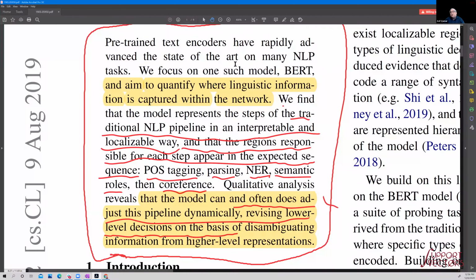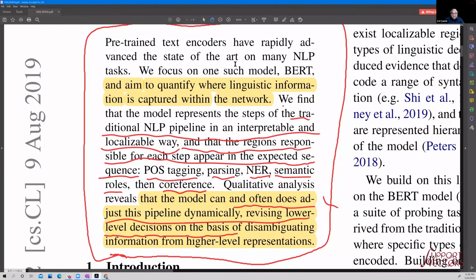And that is the next important thing. When you find where things are happening, you realize that the earlier layers and the later layers follow the classic NLP pipeline. In other words, part of speech tagging comes first, dependency parsing comes next, named entity recognition comes thereafter, semantic roles comes after that. Now you're getting at the higher level meaning aspects of things.